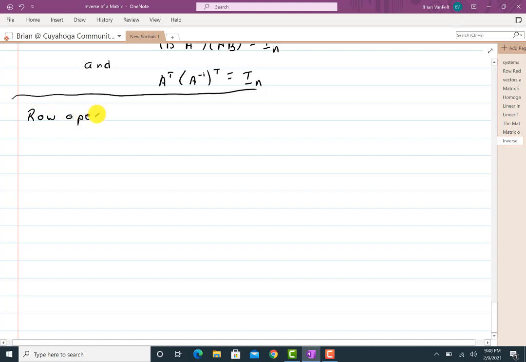Now we're going to spend the next several minutes taking a look at row operations and something called elementary matrices.